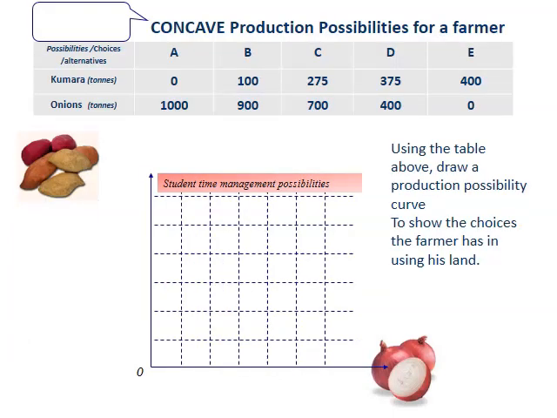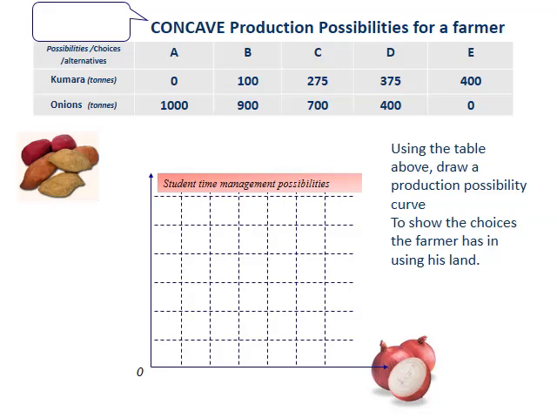Right, the production possibilities here are for a farmer to use his land, which is of course fixed in supply, and his technology, which is also fixed in supply, and he's got various possibilities. In fact, he's got 5 possibilities or choices or alternatives to produce either kumara or onions.